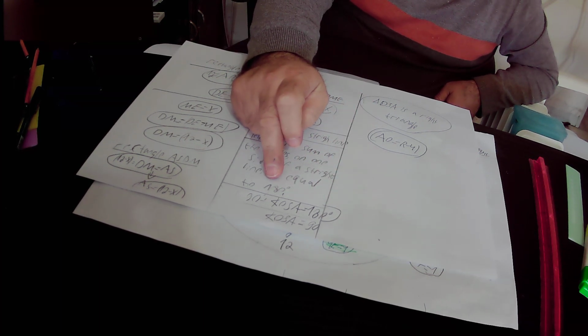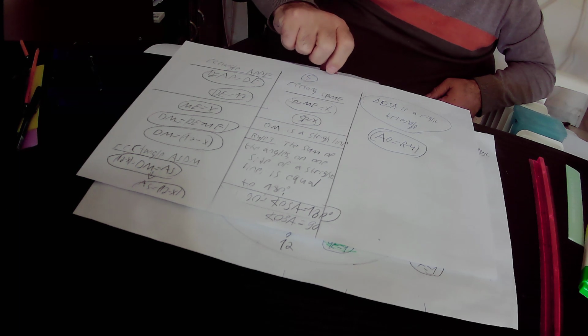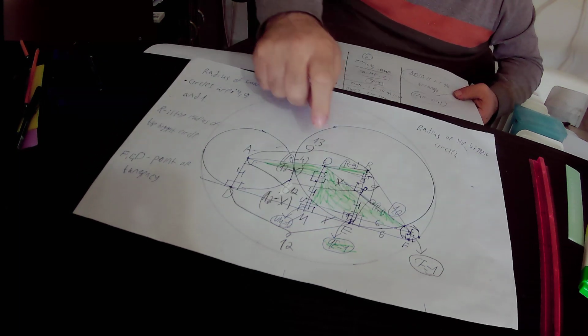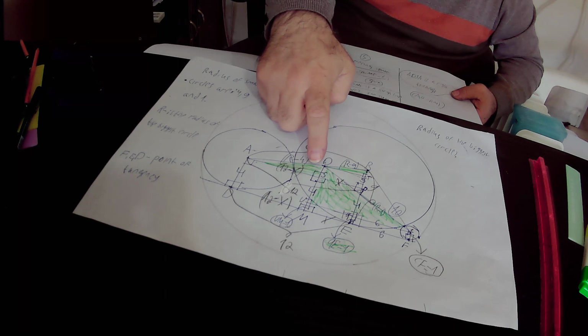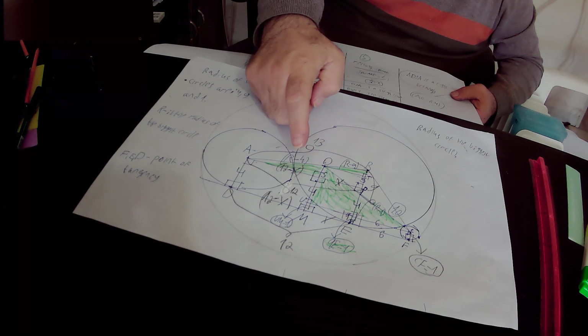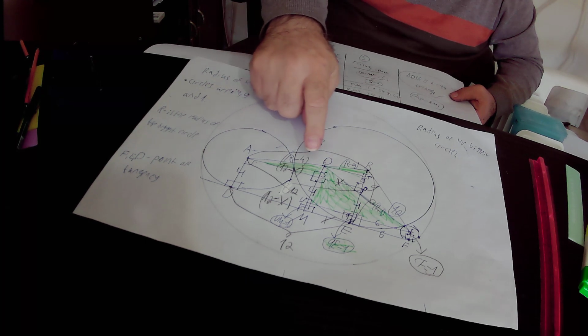Here we subtract the 90 degrees from this equation, and we find that angle OSA equals 180 degrees minus 90 degrees, which is 90 degrees. So this angle is a right angle, and because angle OSA is a right angle, triangle OSA is a right triangle. The green triangle is a right triangle.